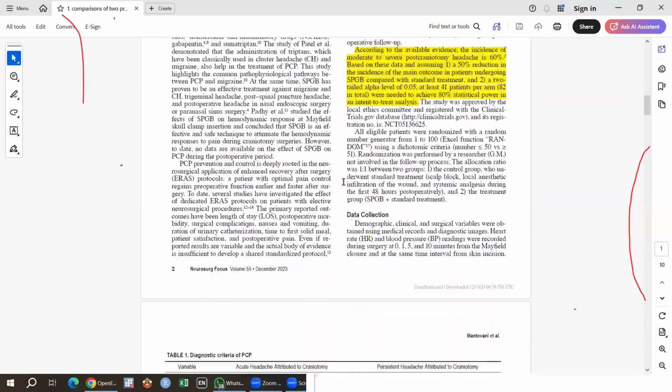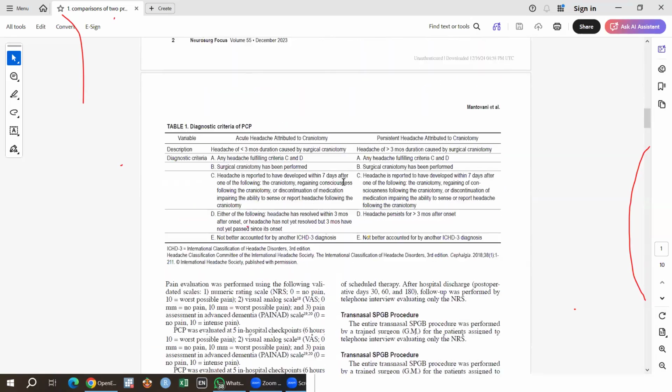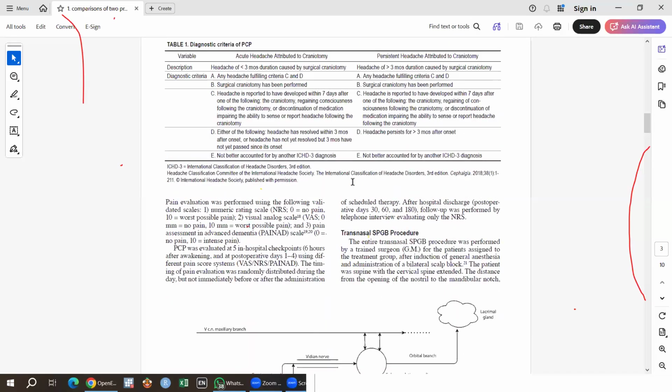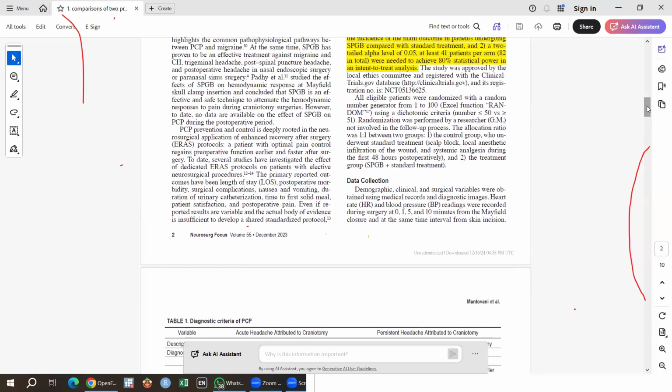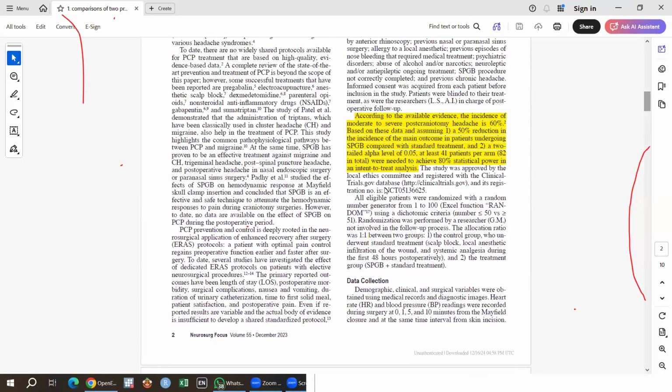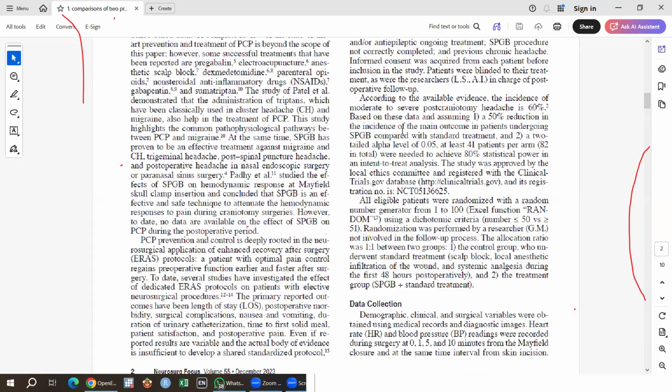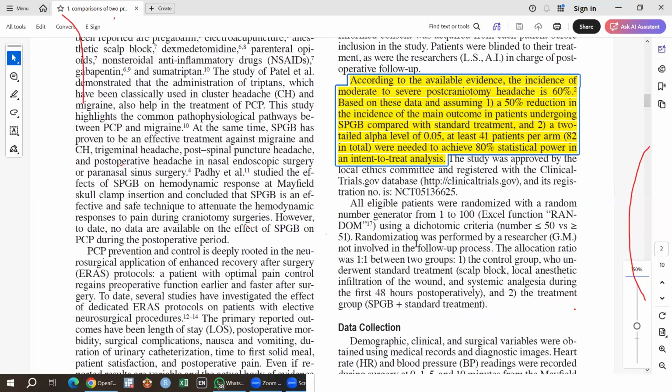Please see this and calculate the sample size using a formula or even a calculator. According to available evidence, please see how we can write the sample size calculation statement.